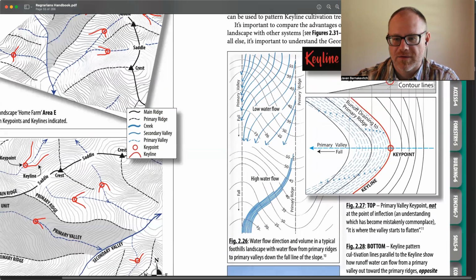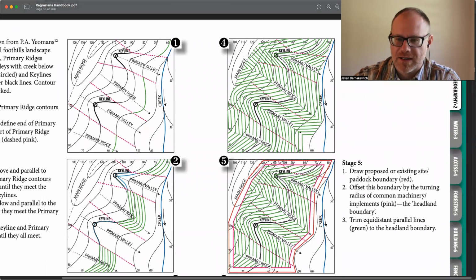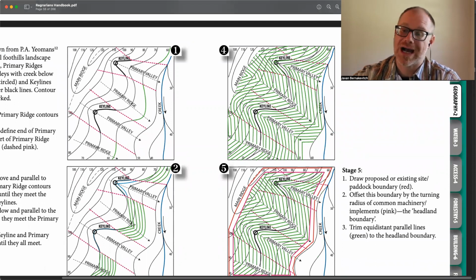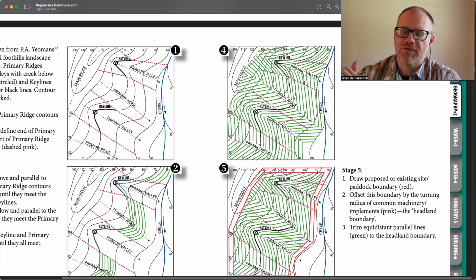Normally, when we have water flow on a landscape, this water flow is going to flow at right angles to contour. And this means that the primary valley is going to become saturated and the ridge will become dry. So what PA figured is that if we change that, if we started to create cultivation patterns that were high in the valley, and then those lines crossed contour and ended up lower on the ridge, we started to plant along those, we started to cultivate along those, generally we would start to slowly move water from the valleys to the ridges.